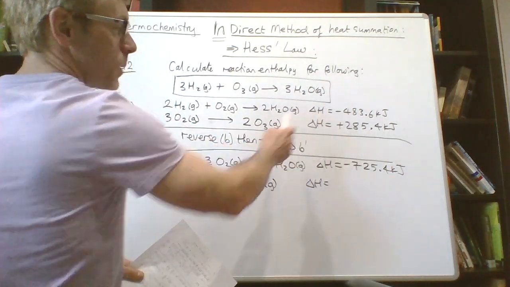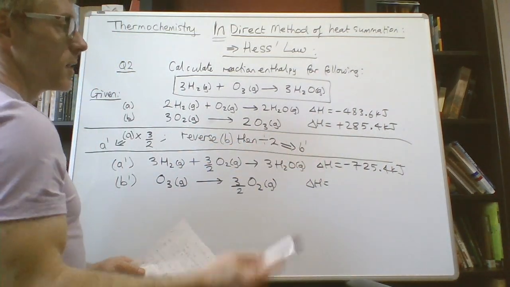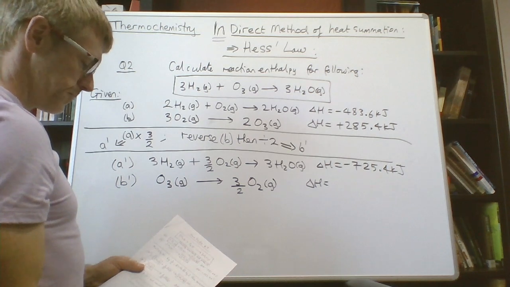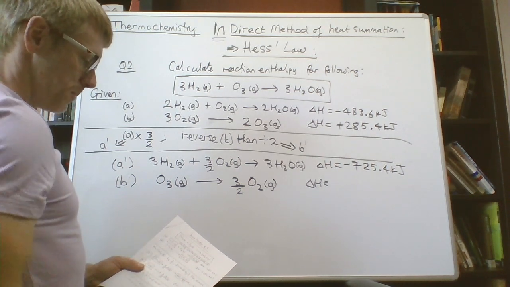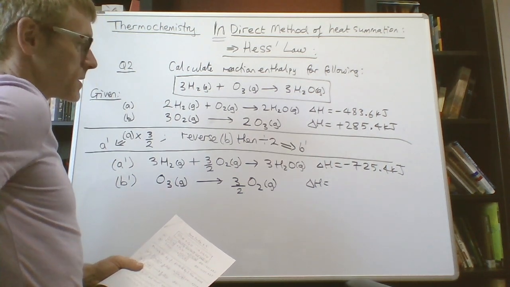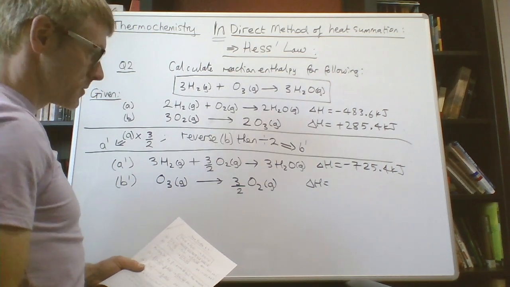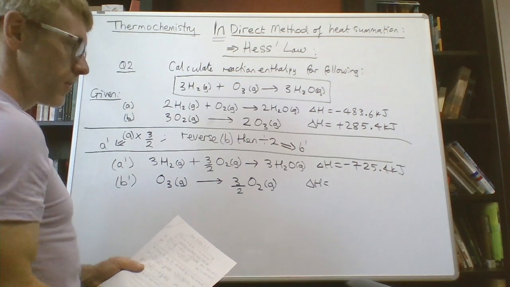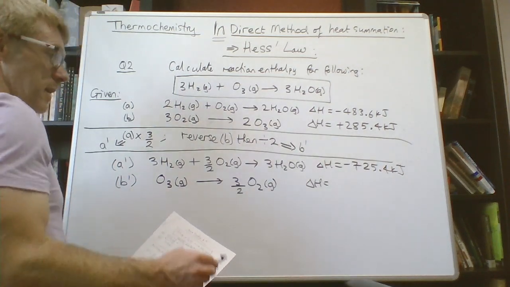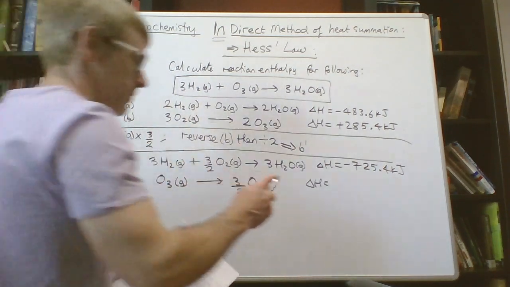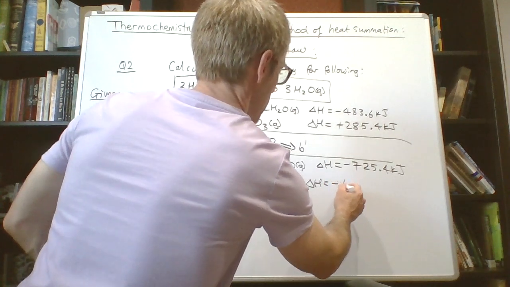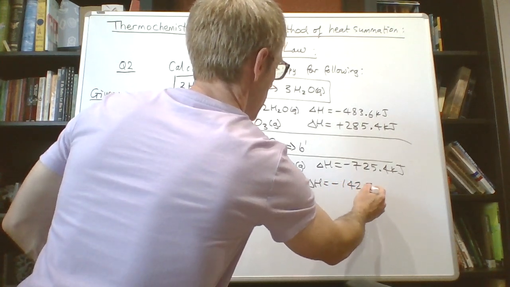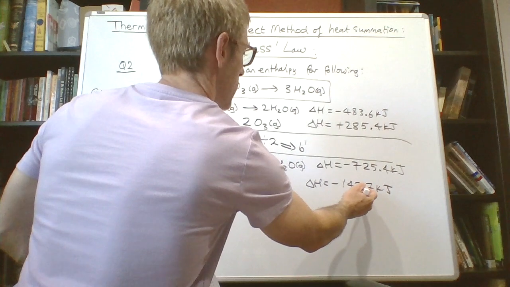We reverse 285.4 to make it negative. Then we scale it by 3/2. We divide it by 2. So 3 divided by 2 is 3/2. So we halve the number, so we get negative 142.7.